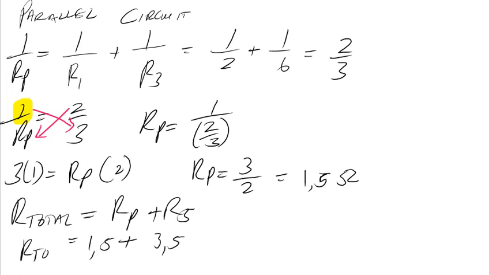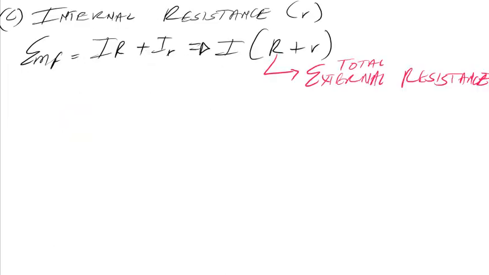That's your R total, which is equal to 5 ohms, the total external resistance. So to calculate internal resistance, you need the R total, the external resistance. You can't calculate r without knowing the total resistance. Then I is also your total current.